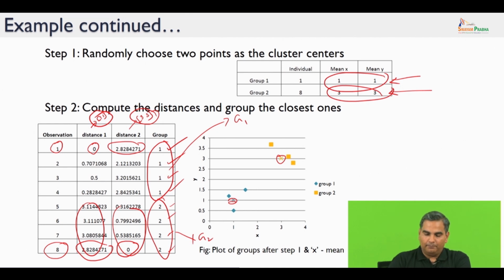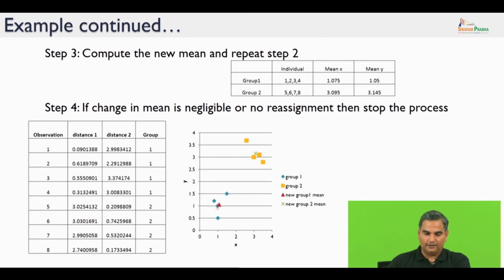So, a better representation for this group, initially the representation for this group was 1 1, a better representation would be the mean of all of these 4 samples, and the initial representation for group 2 was 3 3, but a better representation for group 2 would be the mean of all of these points. Okay. So, that is step 3.